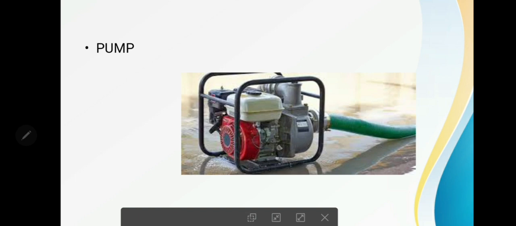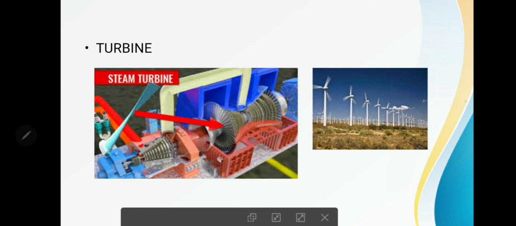So iyang amplify ang energy sa fluid by extracting energy sa motor or from a source, while ang turbine mag-extract siya og energy from the fluid itself and convert it into another type of energy.